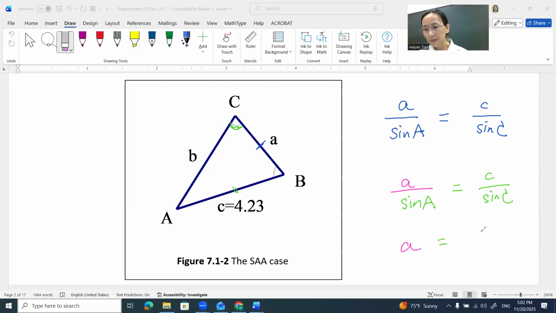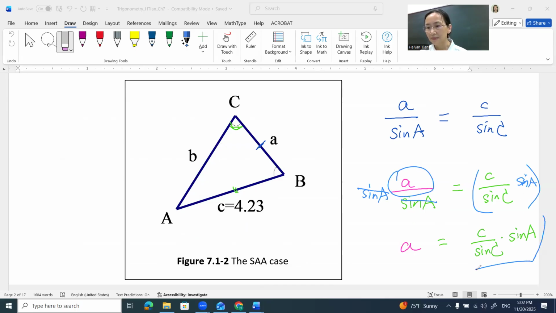It will be c over sine capital C times sine capital A. We simply multiply both sides by sine A, because our goal is to isolate a. So a will be this, and that's what we got: c over sine C times sine A.